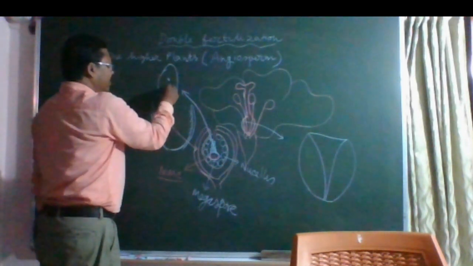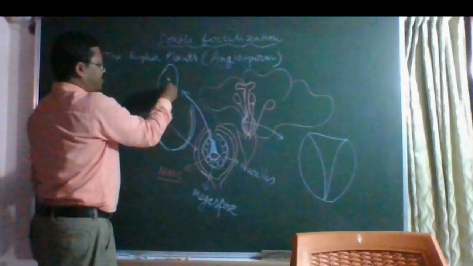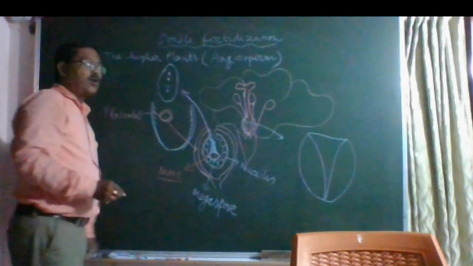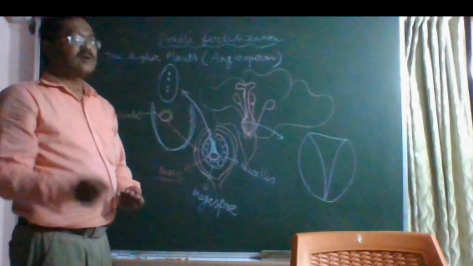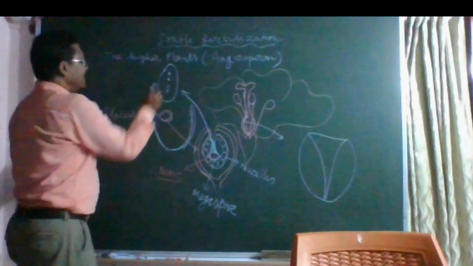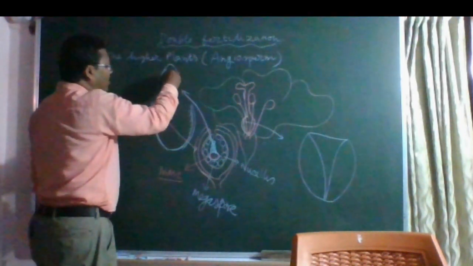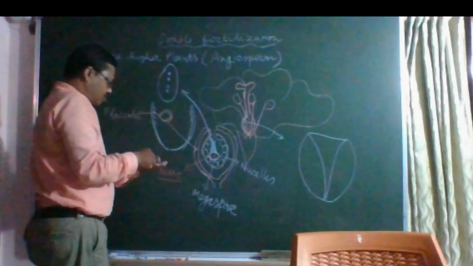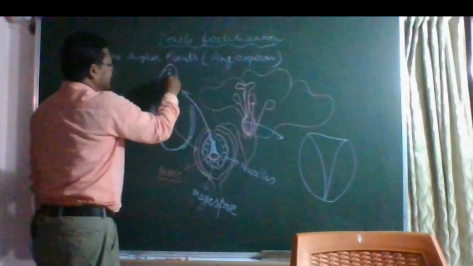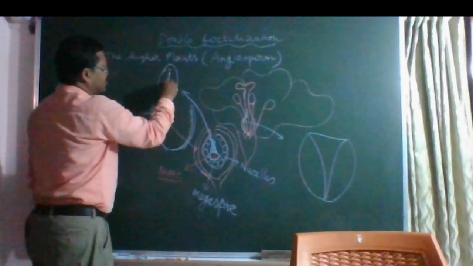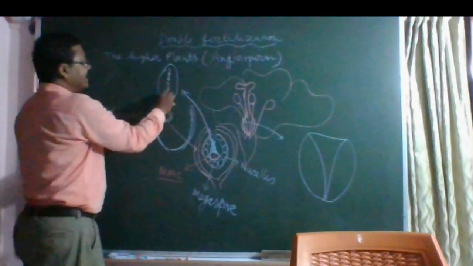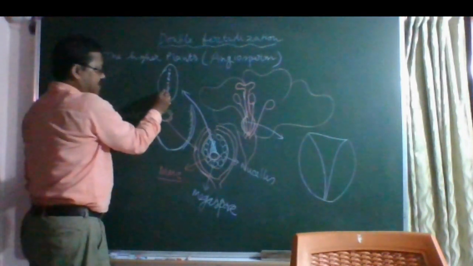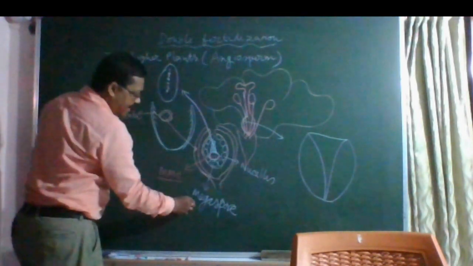Second division produces 4 nuclei. Later, each of these 4 nuclei undergoes mitotic division again, producing 2. So 8 nuclei are formed within the megaspore.